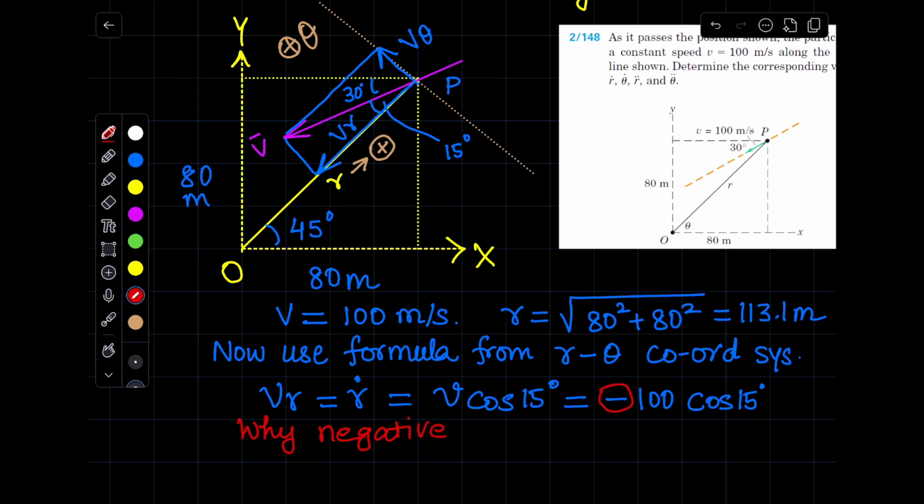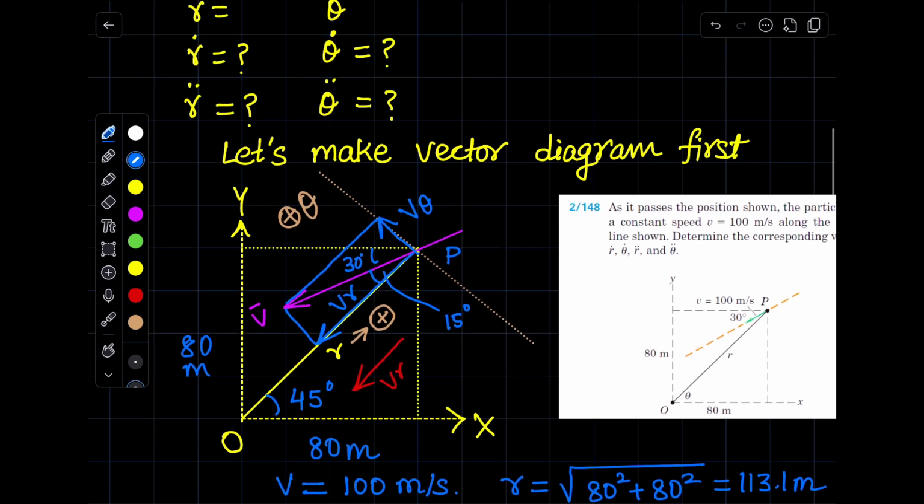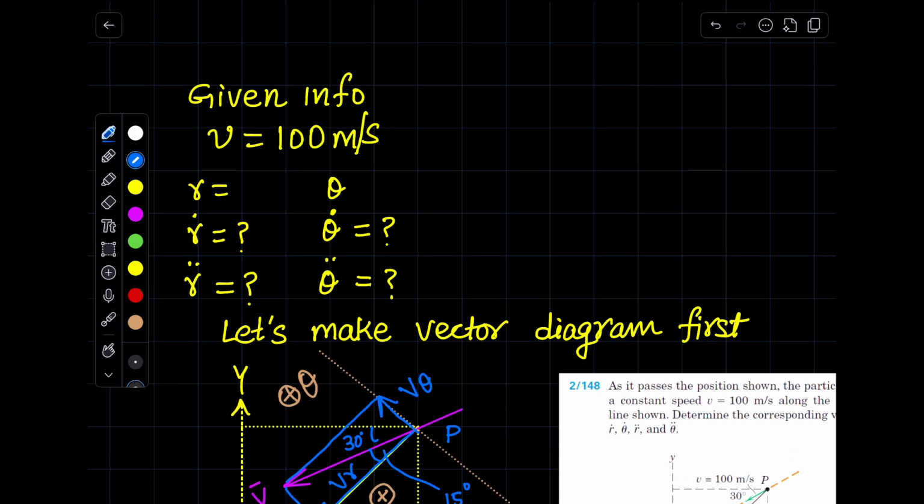Why is it negative, guys? The reason for the negative is that Vr is moving in the opposite direction of r. As I said, if you go far away from O, I mean the O to P direction, the upward direction, it is positive. Here you can see that Vr is moving in the downward direction, so we wrote minus Vr.